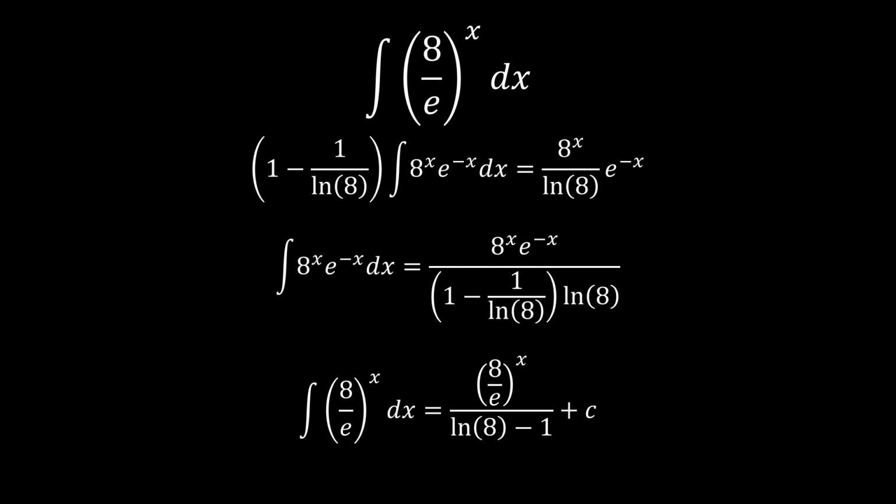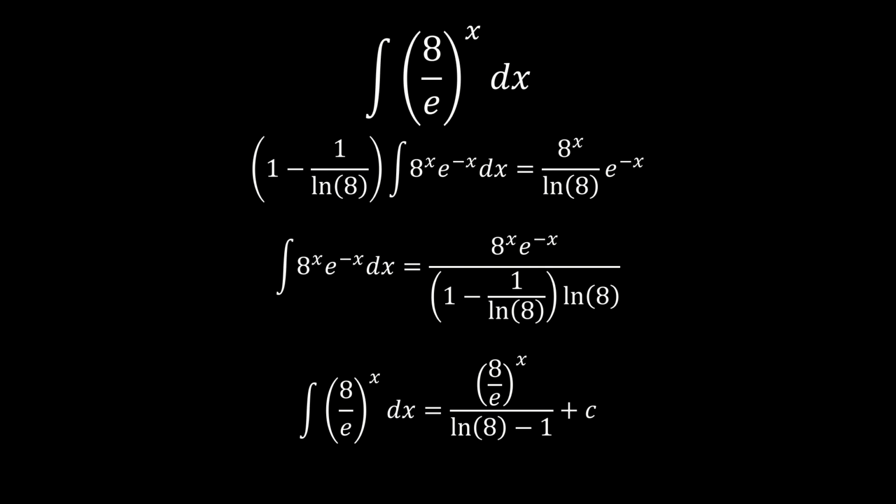on the left side, and what we're left with is our integral of interest equaling 8 raised to x e raised to negative x, which could be rewritten as 8 over e all raised to x, divided by the quantity 1 minus 1 over the natural log of 8 times the natural log of 8, which if we multiply that natural log of 8 into the parentheses, our denominator now becomes the natural log of 8 minus 1.